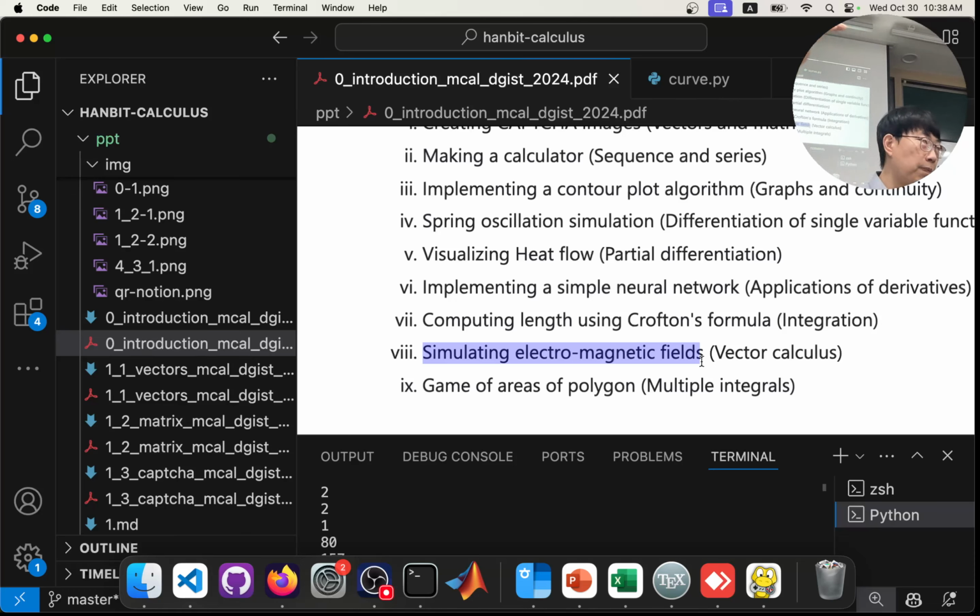Actually, Maxwell's equations are partial differential equations, but anyway, they explain how the magnetic field and electric field are spread around space. Project 8 is how you could visualize the Maxwell equations.